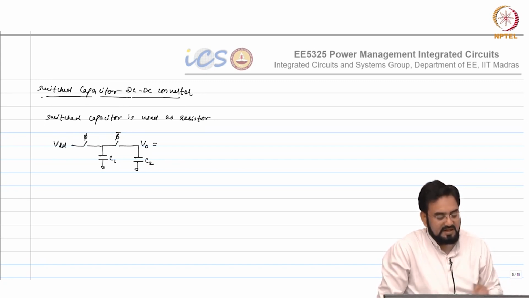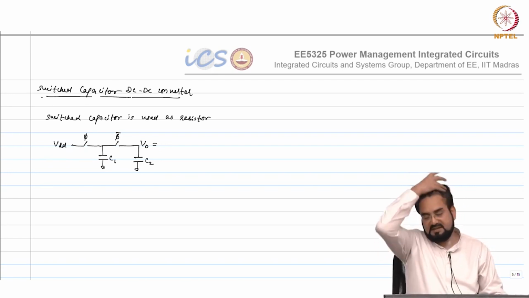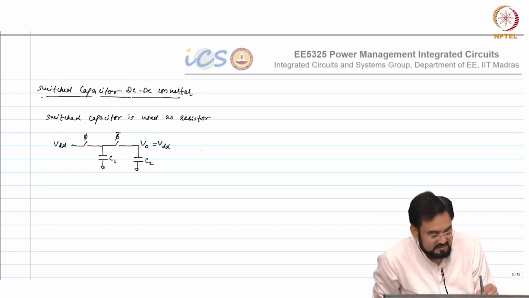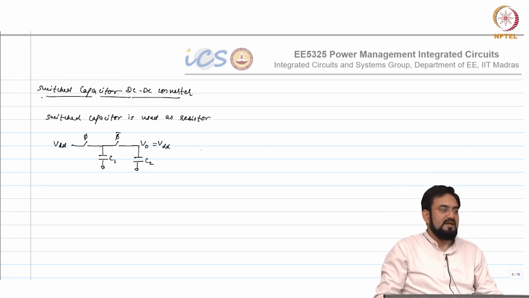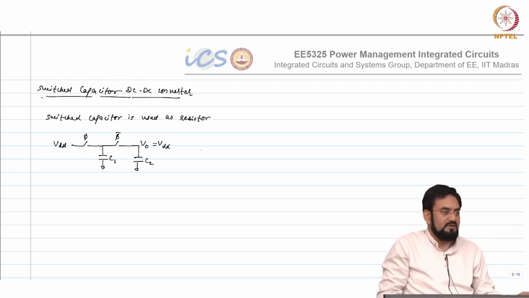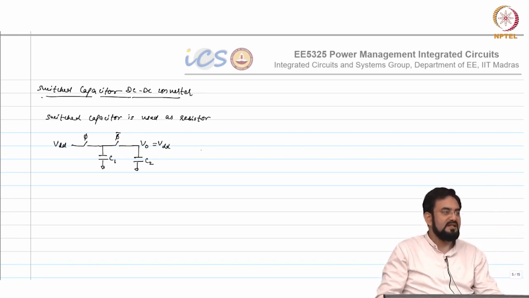If this is Vout, what will Vout be after infinite cycles? It will be VDD. Every cycle you are taking the charge from VDD and dumping it on the output. If you keep doing this for infinite cycles, ultimately your output has to go to VDD.